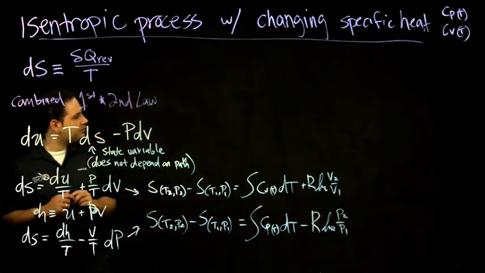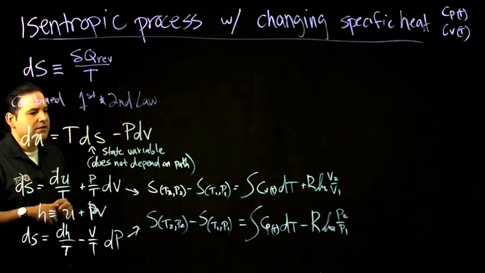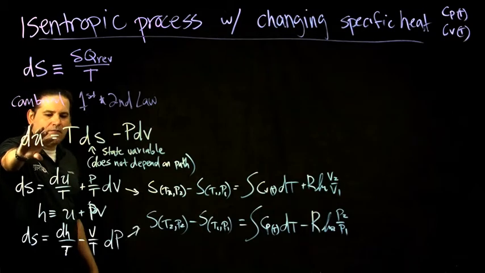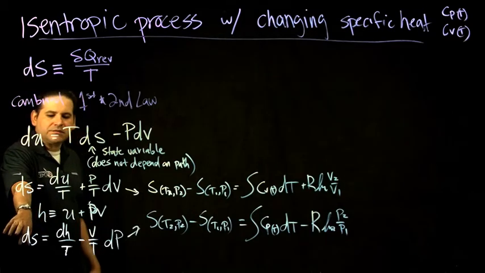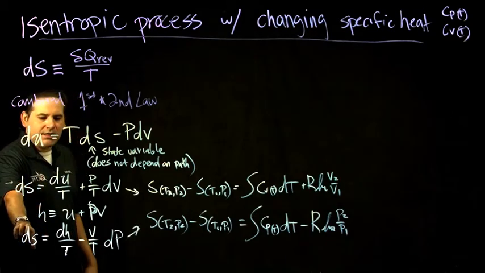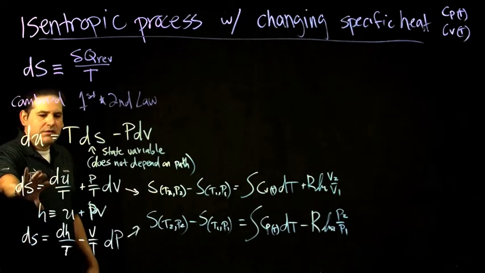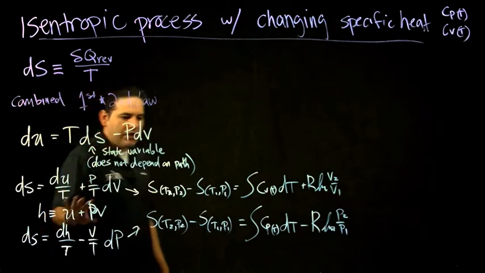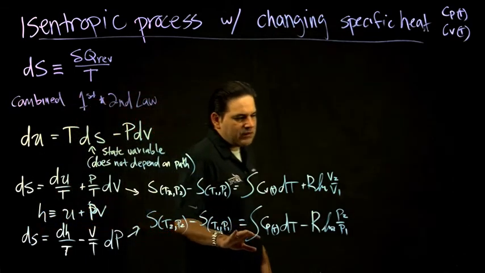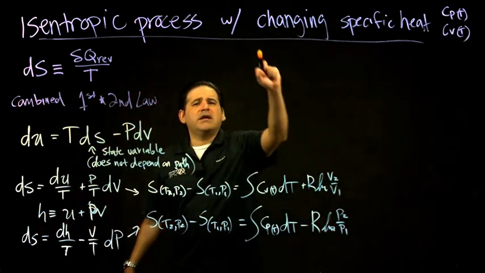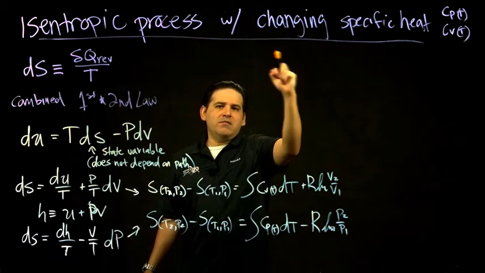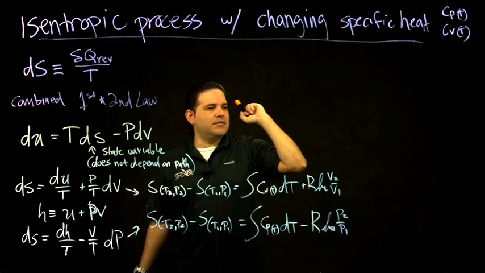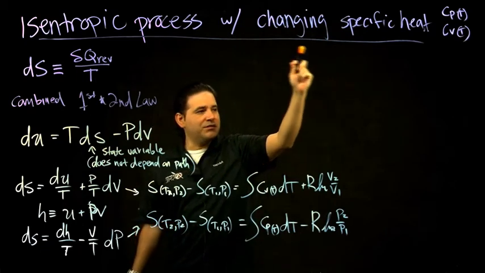So what we did was use a combined first and second law, and you express this in terms of enthalpy and internal energy. There's different reasons to use either or. Then we can remember that in real life, the specific heat in many cases changes with temperature.